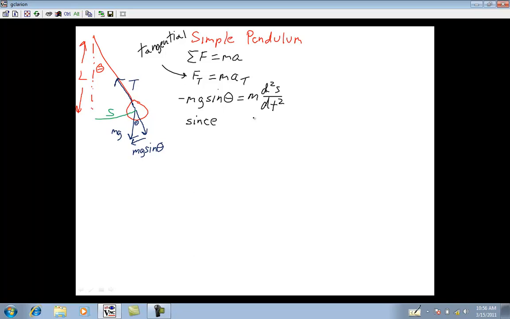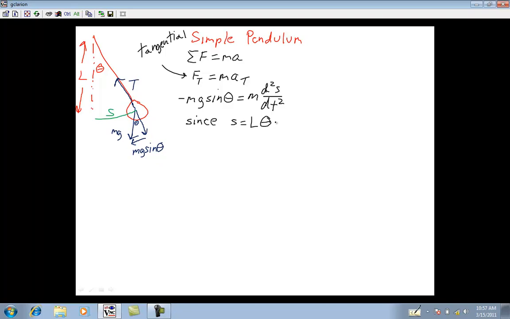What's the one for position? Remember? Okay, yeah. So s is equal to r theta. But in this case, instead of r, I'm using what? Yeah, I'm going to use L. All right, so s is going to equal L theta.